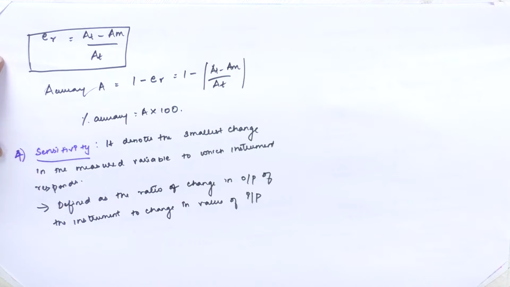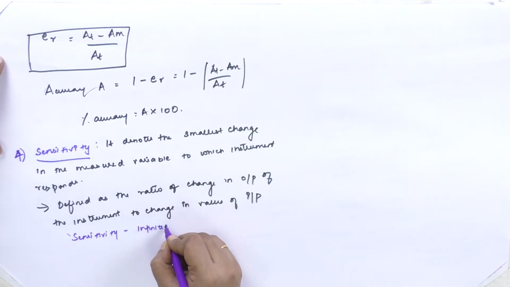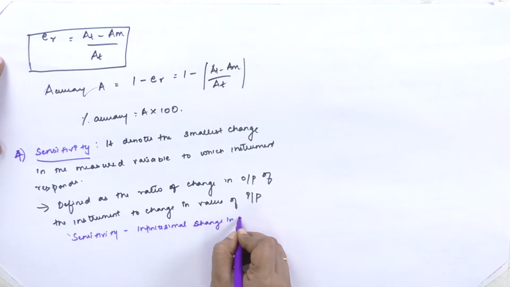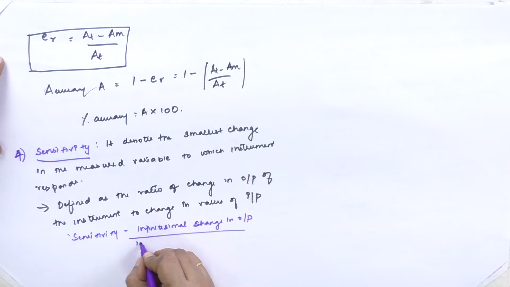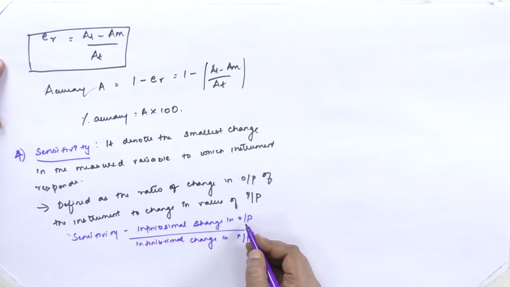So sensitivity is the infinitesimal change in output divided by the infinitesimal change in input. That is, the small change in output corresponding to the change in input.